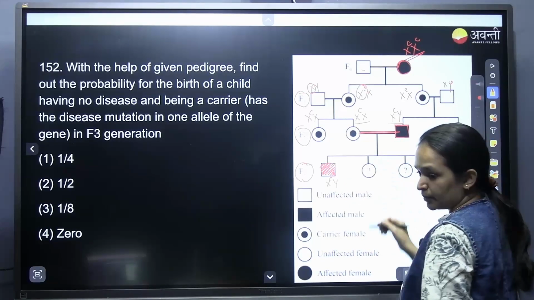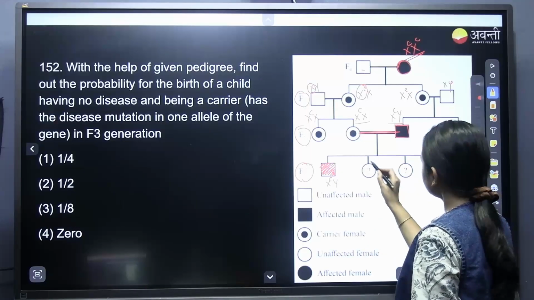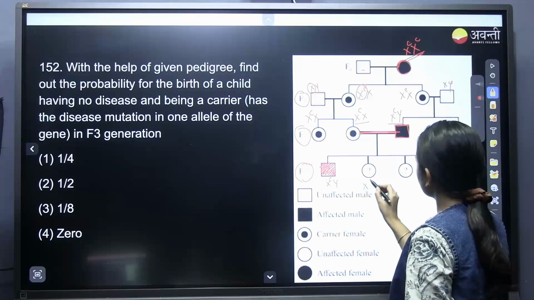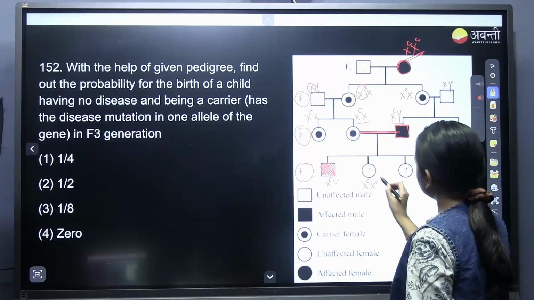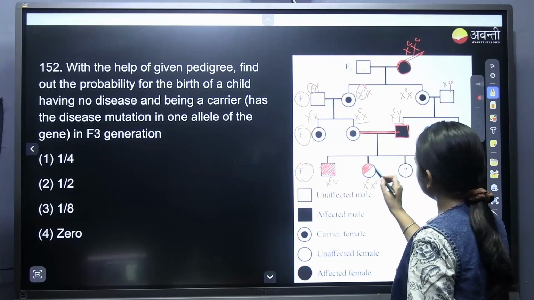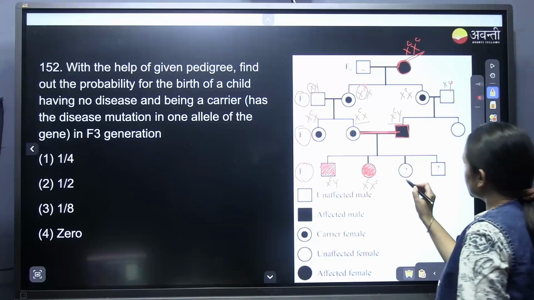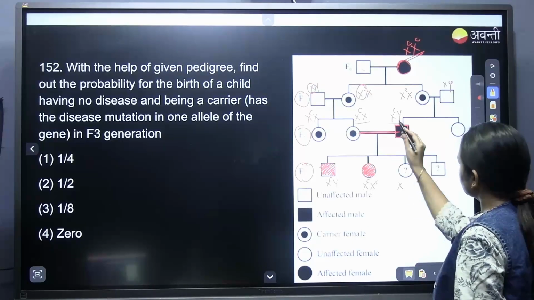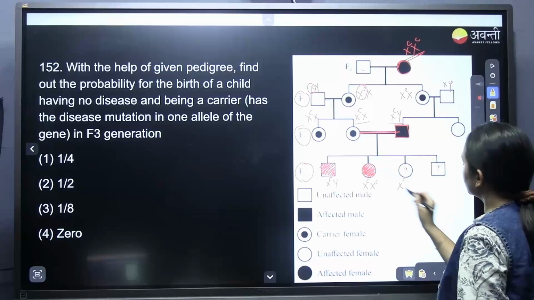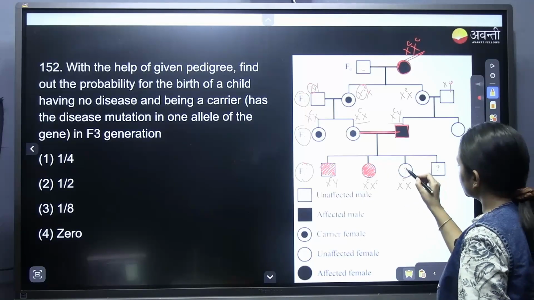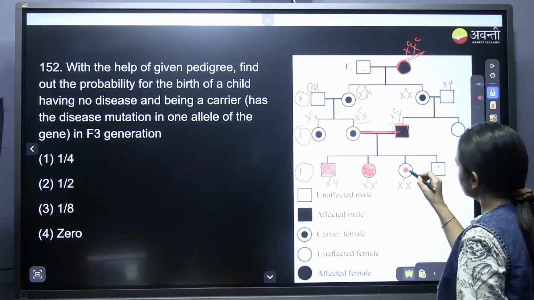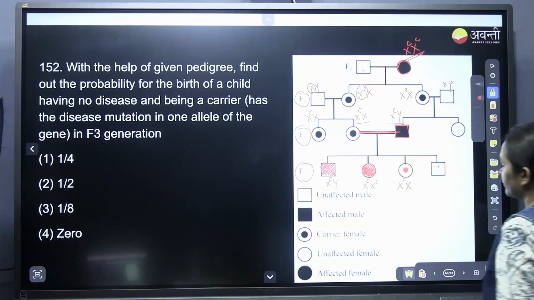And about the female, one is affected, another one from the father she got this allele and from the mother a normal allele, so she is the carrier.